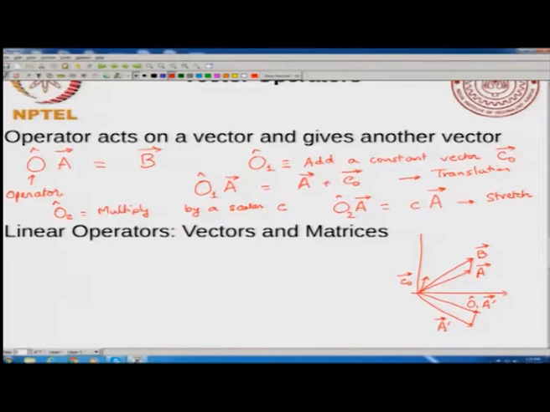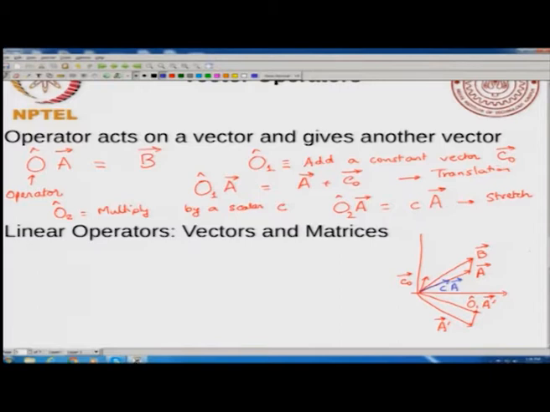Now, the other operation we said is called a stretch, where it takes the vector and multiplies it by a scalar. So you get a vector in the same direction, and based on C it will either be longer or shorter. So the stretch operator, I will show this in blue, takes A and multiplies by C. So this is my C times A. If C is less than 1, then this length will be shorter.